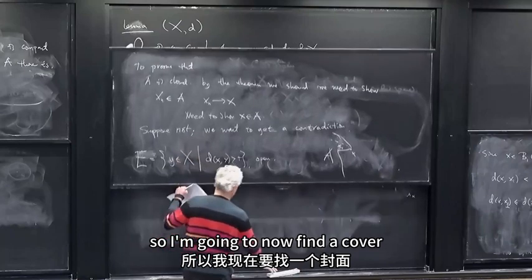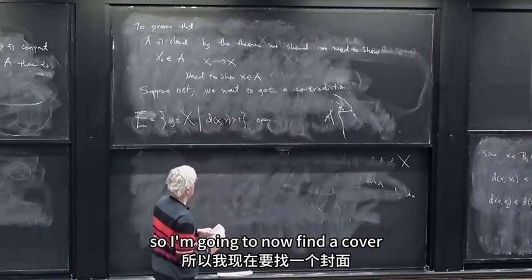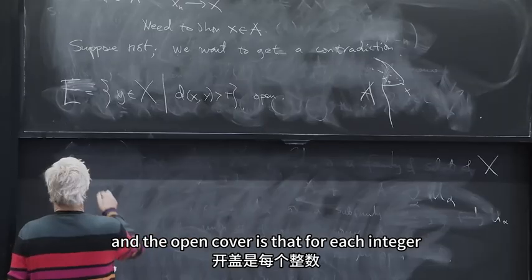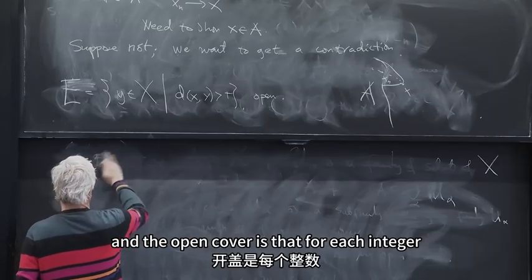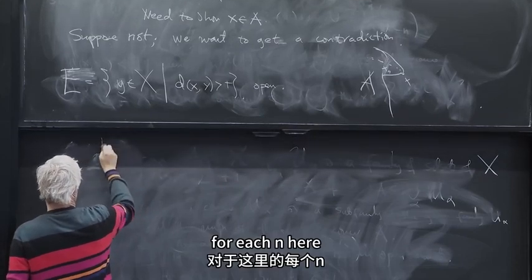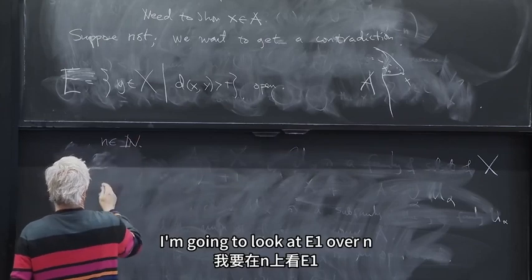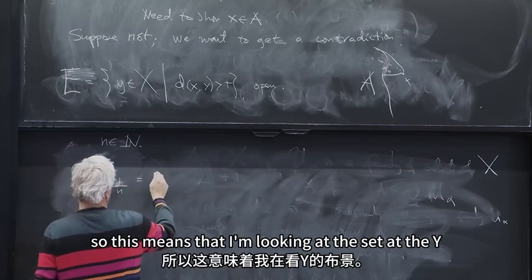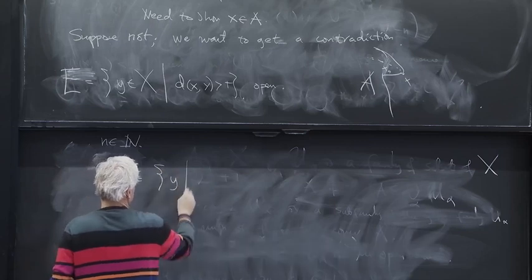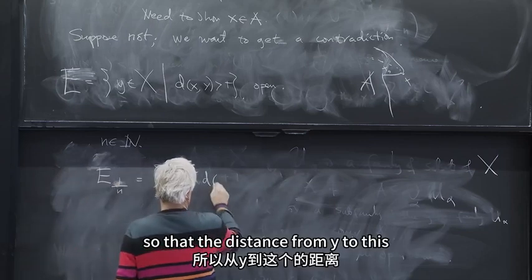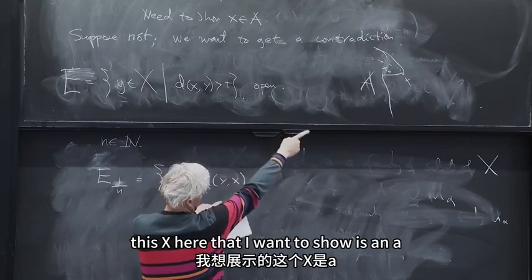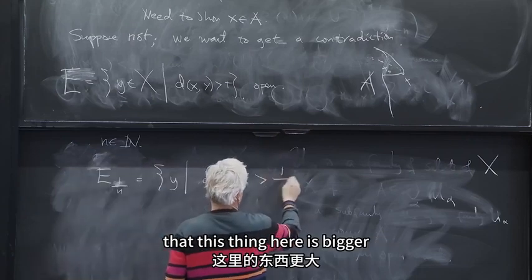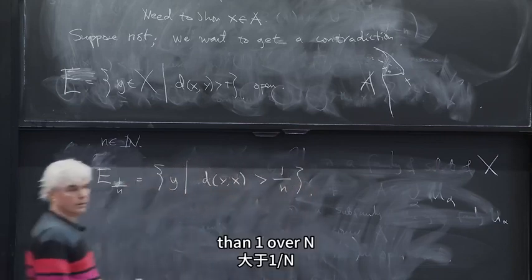So I'm going to now find an open cover of A. And the open cover is that for each integer n, I'm going to look at E_{1/n}. So this means that I'm looking at the y such that the distance from y to this x here that I want to show is in A is bigger than 1 over n, right?